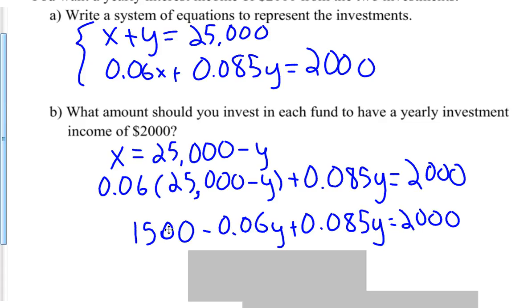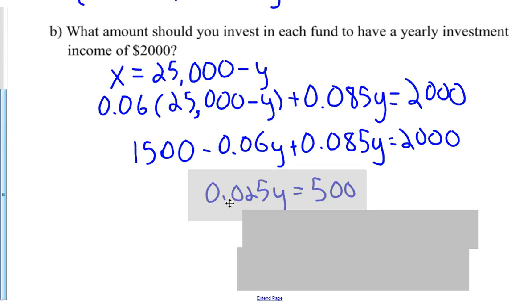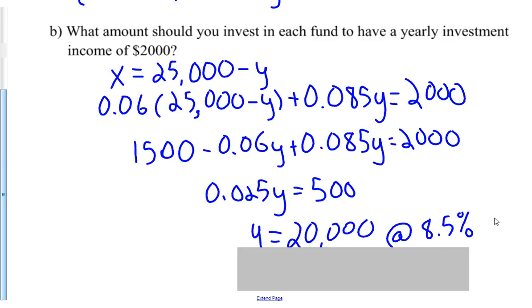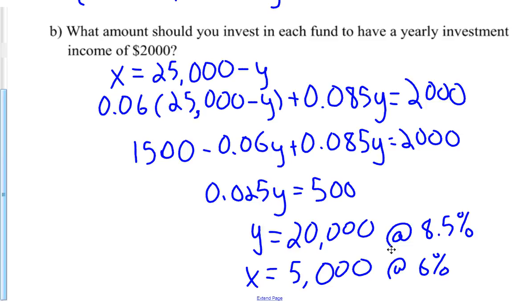So we can simplify here, and we can subtract 1,500 from both sides, giving us 0.025y equals 500, and we get y equals 20,000 at 8.5%. So plugging it back in, 25,000 minus 20,000, we're going to get 5,000 for x. So 20,000 at 8.5%, 5,000 at 6%.